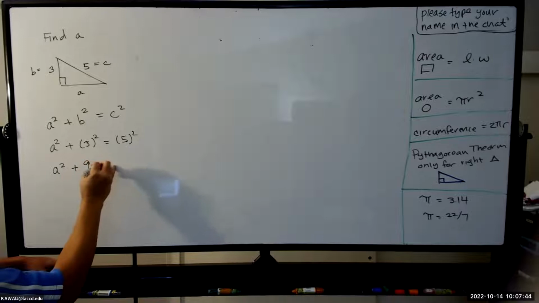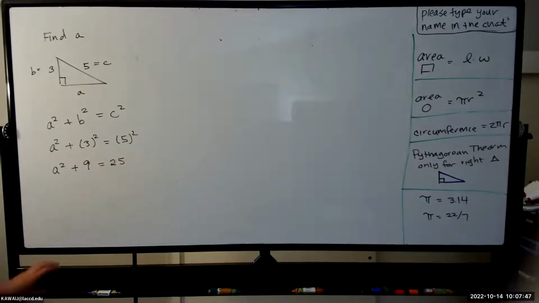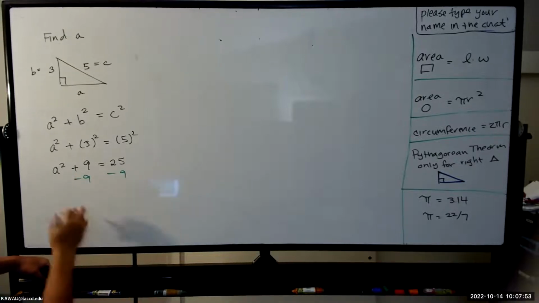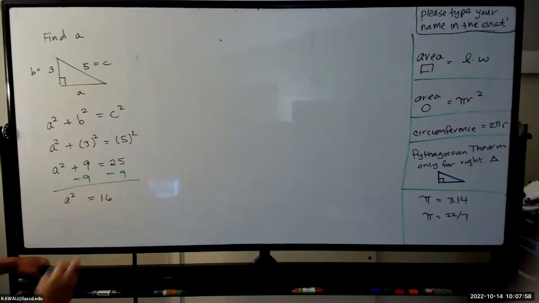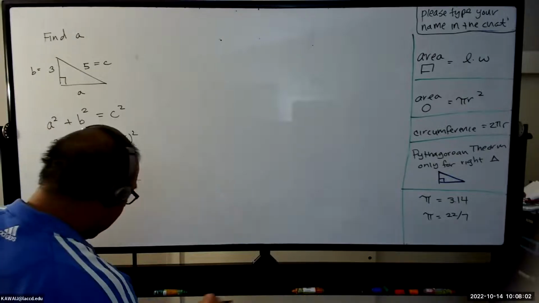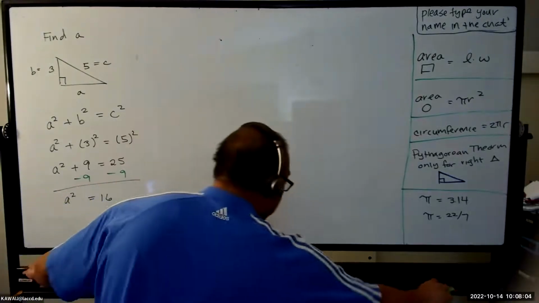A squared plus 9 is equal to 25. And then if I subtract 9 from both sides, I get a squared is equal to 16. And then in order to find what a is, I square root both sides.